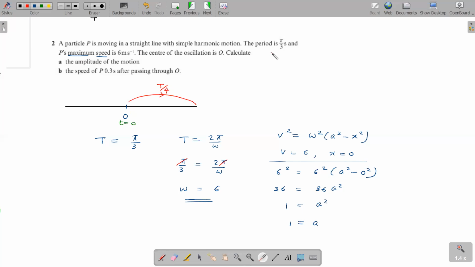Now I want you to calculate this value. What is T over 4? We know that the periodic time is pi by 3, right? Can you divide pi over 3 by 4?